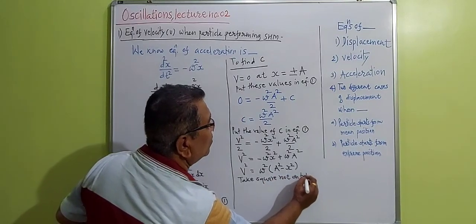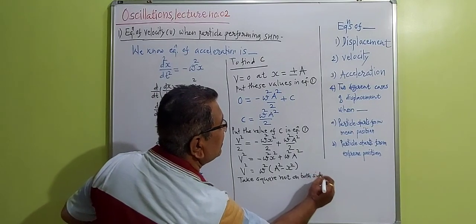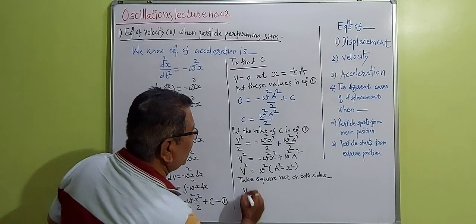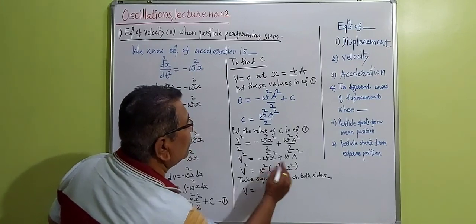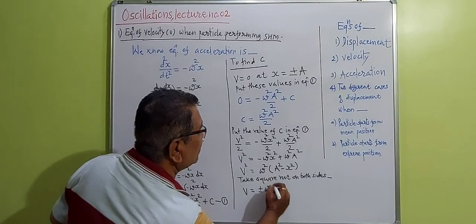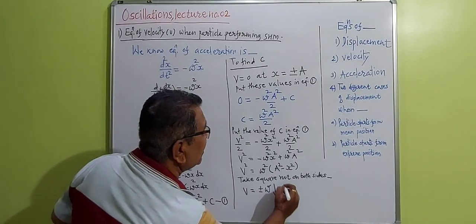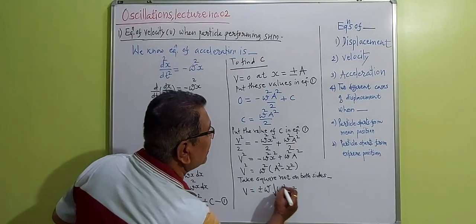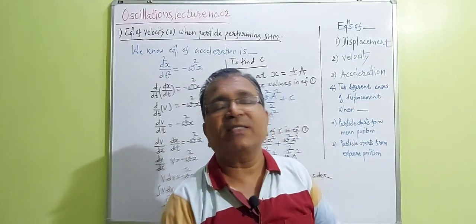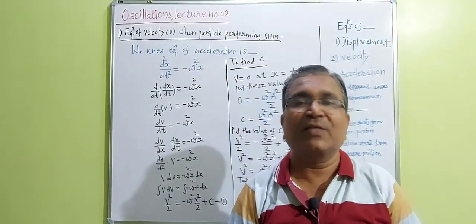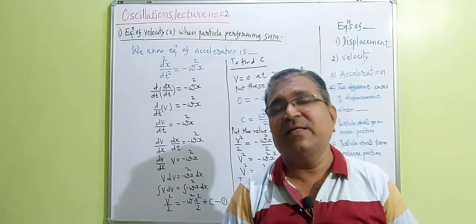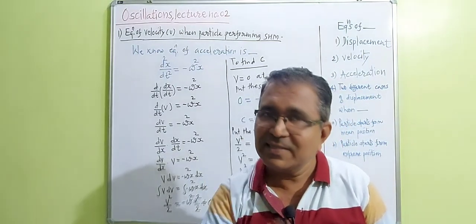You will get v is equal to plus or minus omega square root of A square minus x square. This is the formula. So v is equal to plus or minus omega square root of capital A square minus x square. This is the velocity of a particle while particle performing SHM.